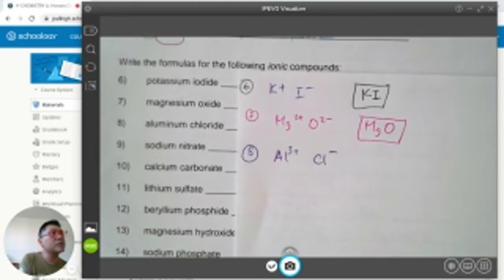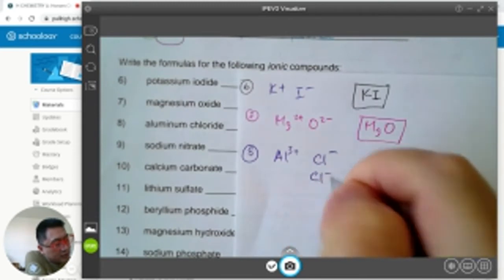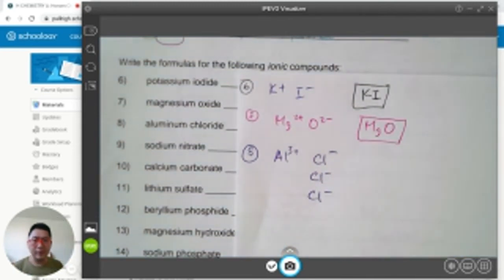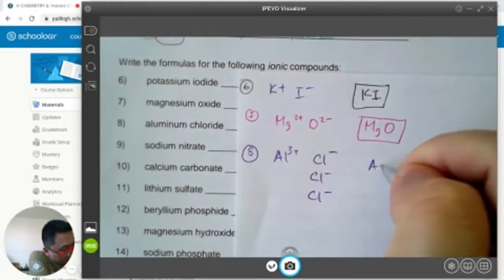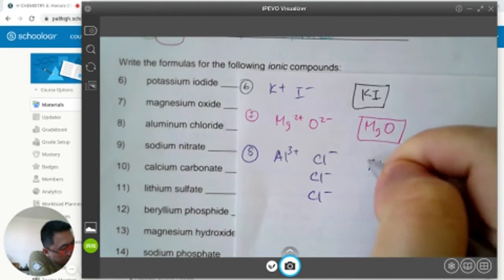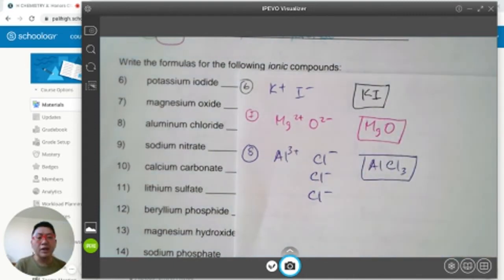It needs to add up to 0. But if I had 3 chlorides, then that's one +3 and 3 -1s, which adds up to 0. The formula of aluminum chloride is AlCl3. Three chlorides balance out the one aluminum.